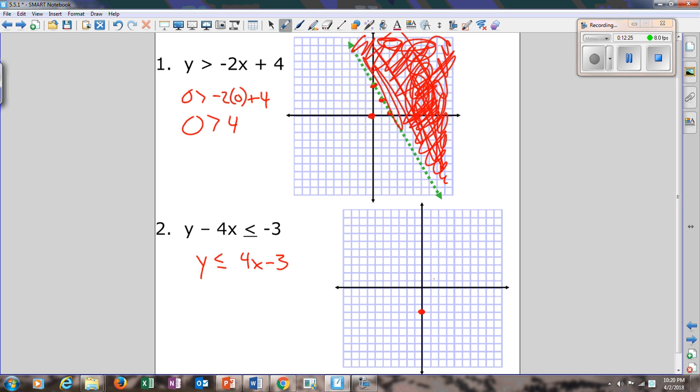Go up 4 and over 1. And there you go, up another 4 and over 1. That should be enough to draw the line. Now, it's a less than or equal to, so it tells you it's a solid line. It's going to be a solid line going through those points.